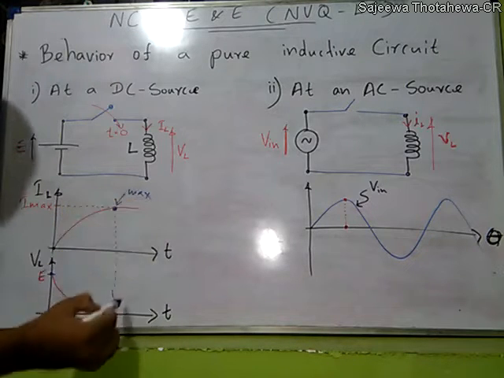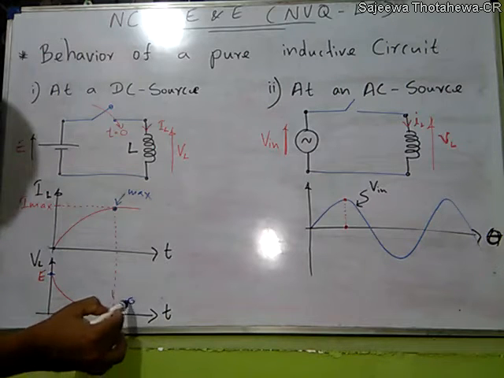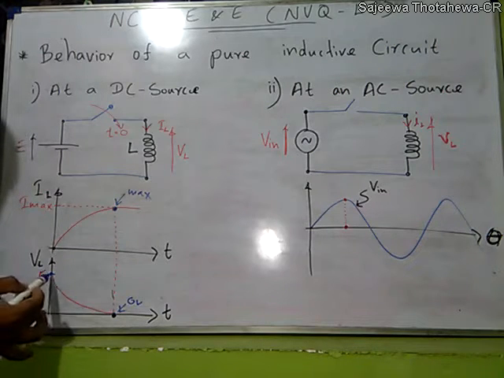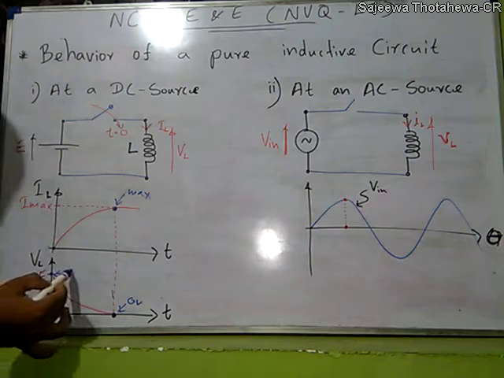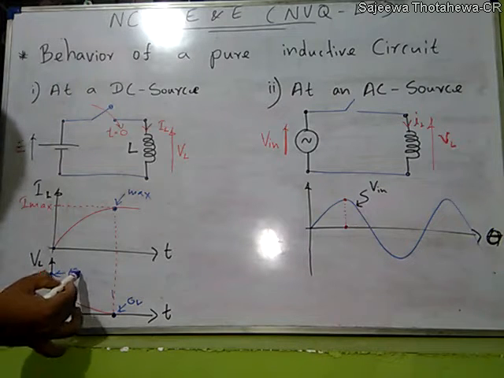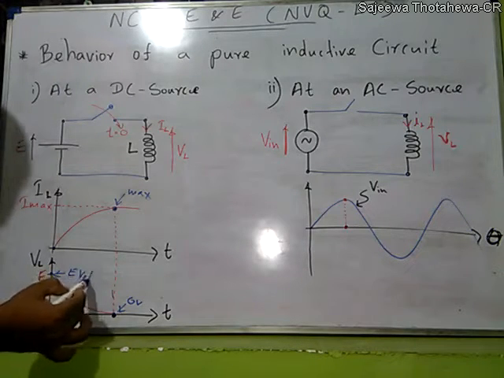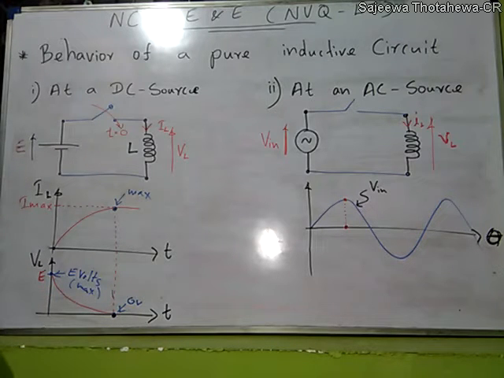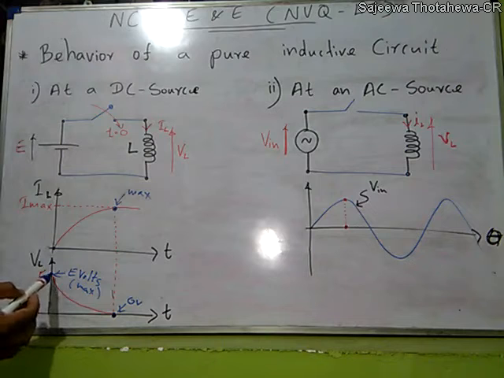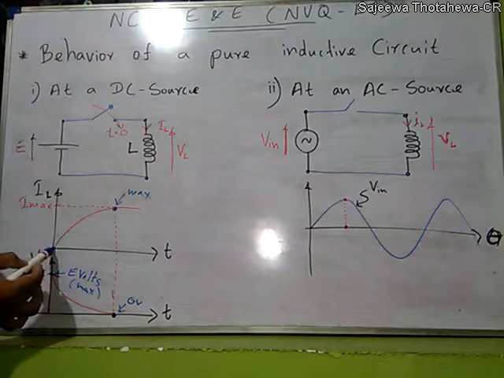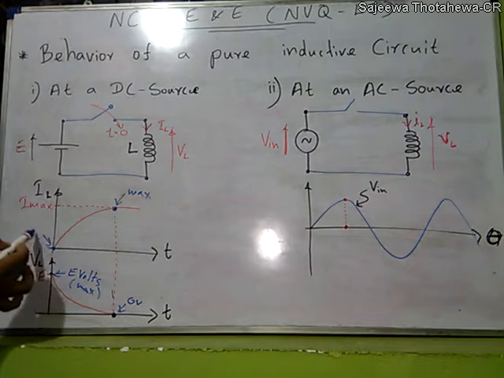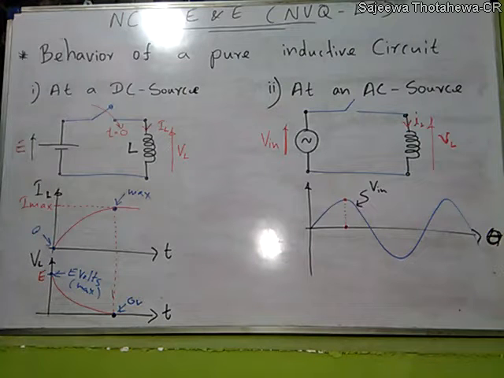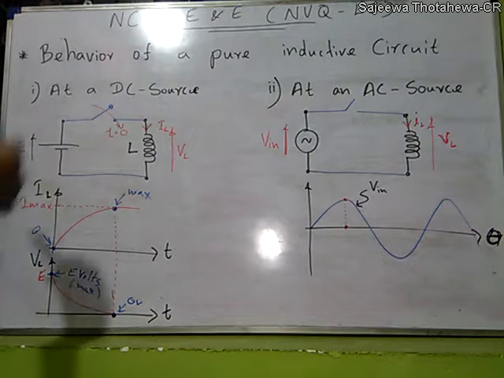Here maximum, voltage 0 volts. Here voltage is E volts or maximum. At the maximum inductor voltage, the current through the inductor is 0. Now let's move to the second case.